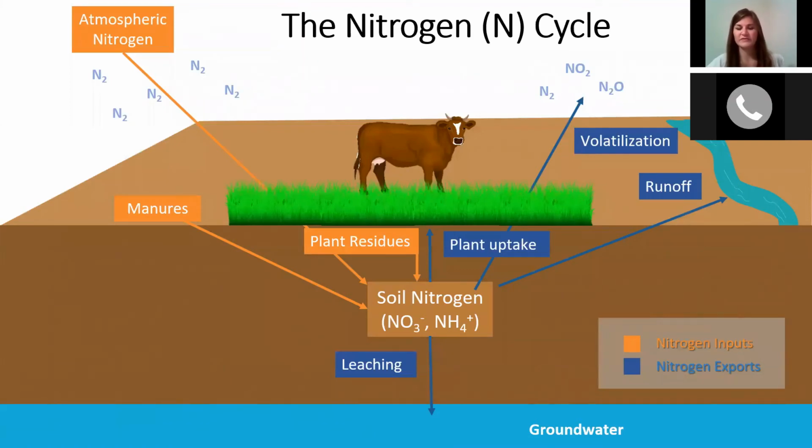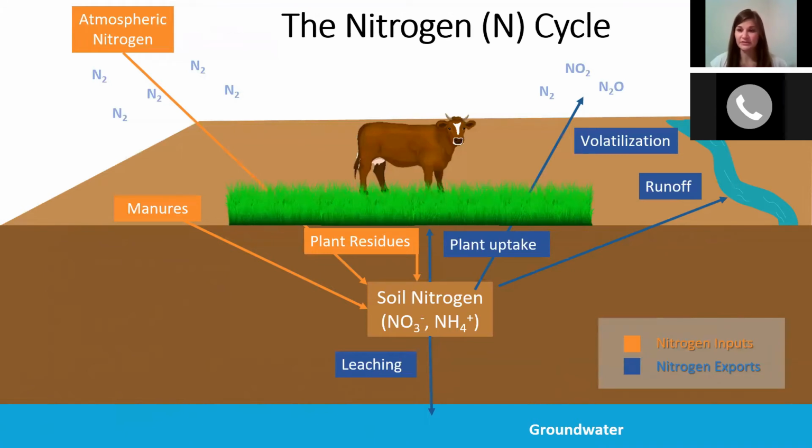So now I just want to go through a few of the major nutrients, or macronutrients, and talk about their cycling in soil and what our recommendations will look like. The nitrogen cycle is one of the most complex in soil, and this is one of the reasons that we don't actually analyze the soil for nitrogen content, because it changes so frequently.